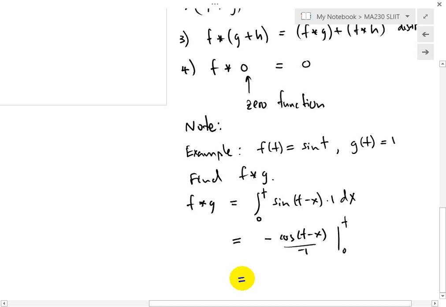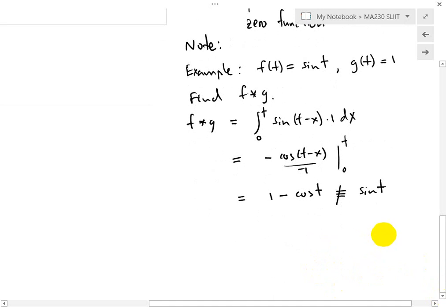When x is t, cosine 0 is 1, so you get the answer 1. When x is 0, this is minus cosine t. So note that this is not the same as sine t. This is just to confirm convolution is not multiplication. Okay.